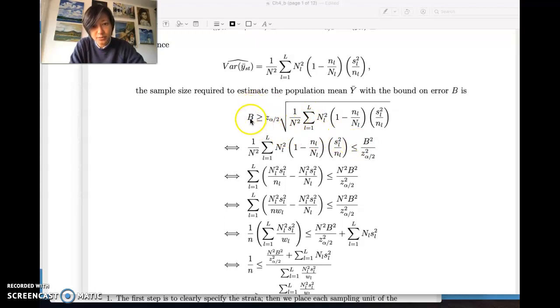We would have b squared divided by the critical value squared, and we no longer have the square root. Again, we have the constant N squared, so move it to the right-hand side.